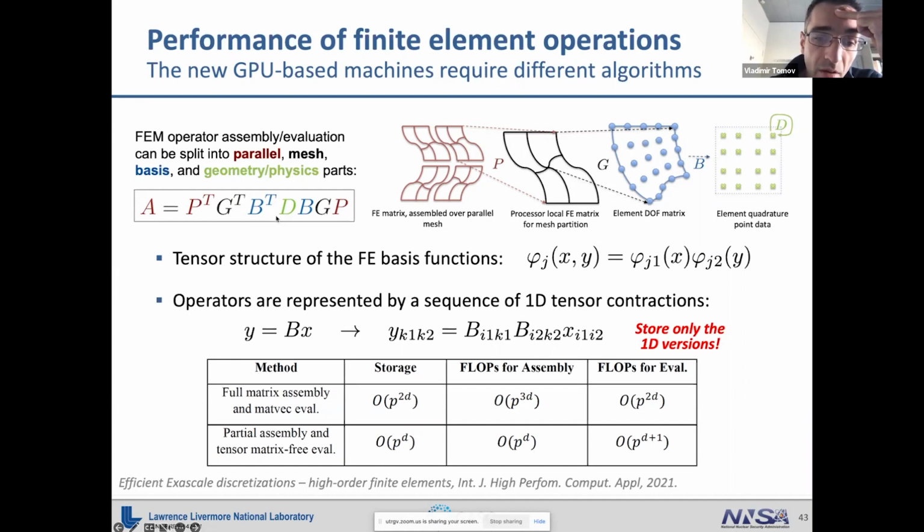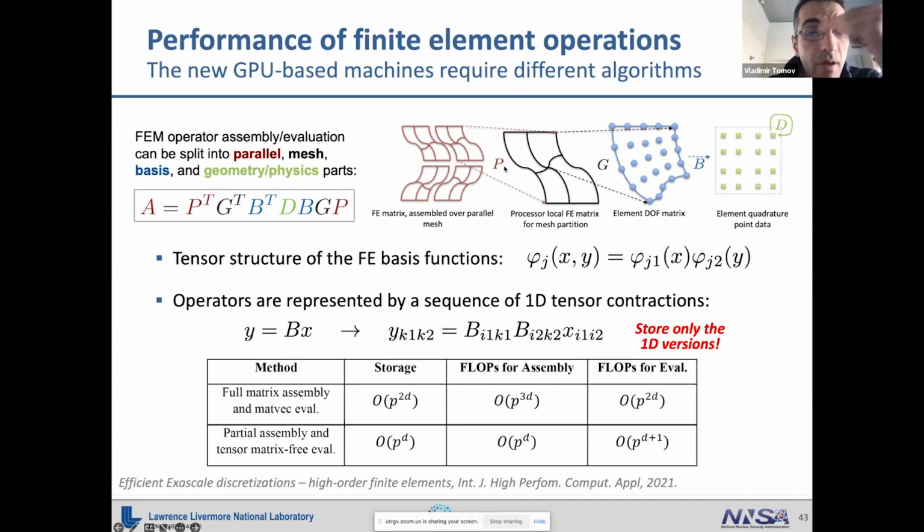And D is just computations at quadrature points, and then you go back to get the result. With this decomposition, one notices that the first operators P, G, B are pretty much independent of the applications. They are strictly finite element operations, and they're always the same. It's D that is application specific.